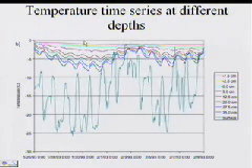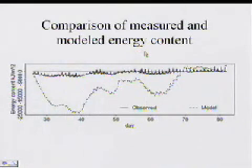are lagging each other. From that data, we were actually able to calculate the energy content, because you've got temperature, we've got density of the snow, we know what the heat capacity of ice is, so we can calculate the energy content. And lo and behold, we got bad news.